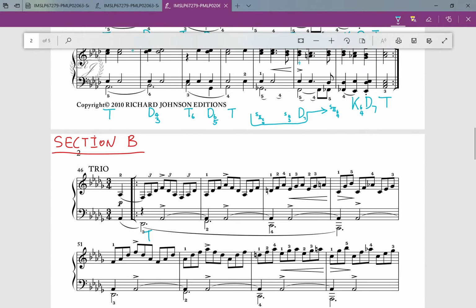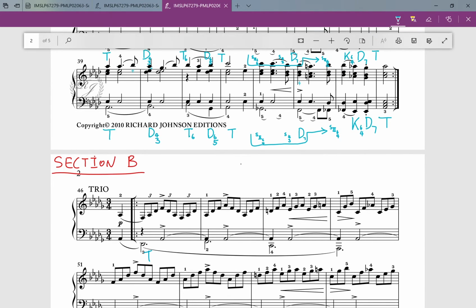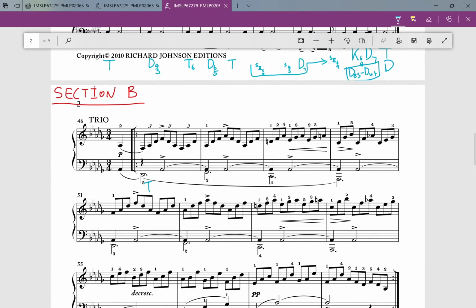And so where is the pivot chord? Well, if we go back one measure, this chord is a dominant chord in the key of D flat major. So this is our pivot chord. Now let's continue.